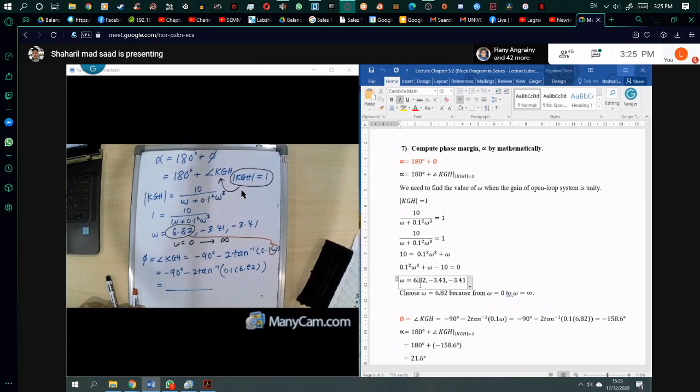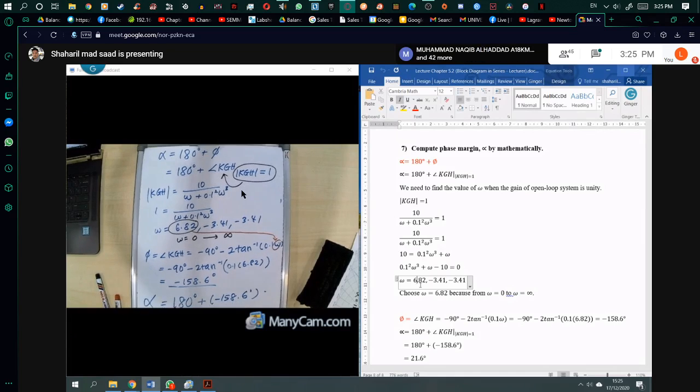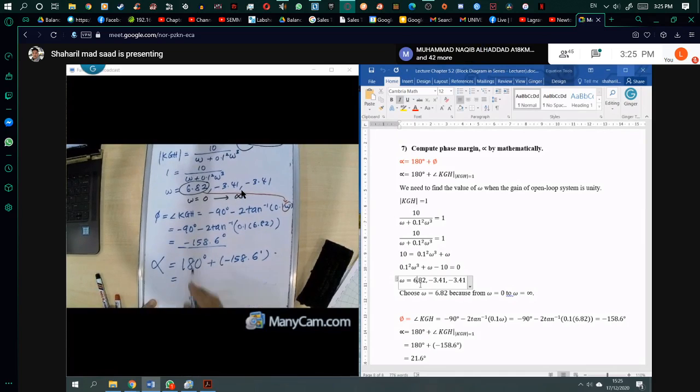Then you get minus 158.6 degrees. Okay, done. Then in order to find the alpha, 180 degrees plus the phase, that means minus 158.6 degrees, then we get 21.6 degrees.